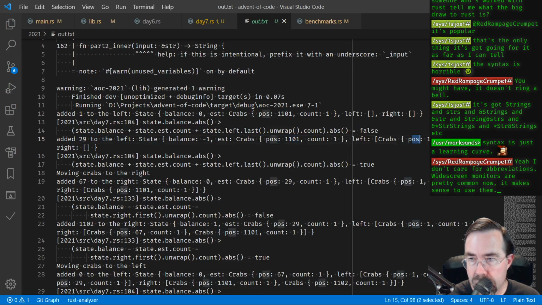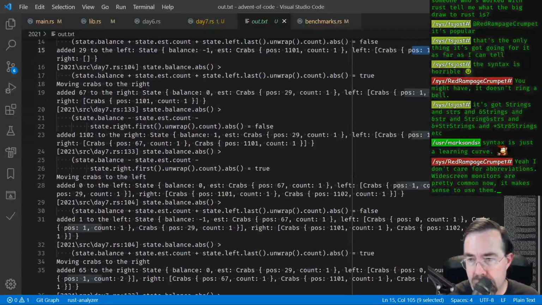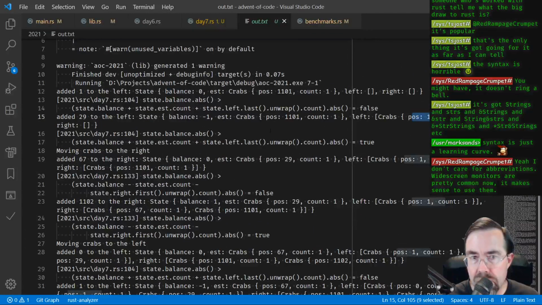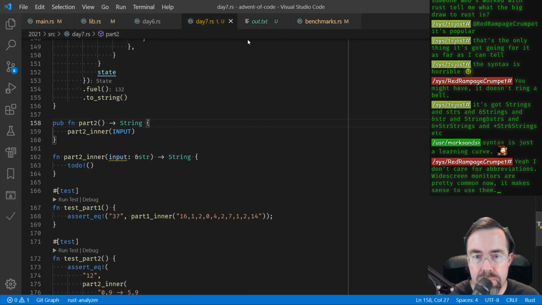The estimate's 1101. We have 1 to the left. Why does it say 1 instead of 29? That's the bug, isn't it? That should be 29, not 1. Why does it say 1? 29, and yet it says 1. That is incorrect. All right, well, that's one problem.